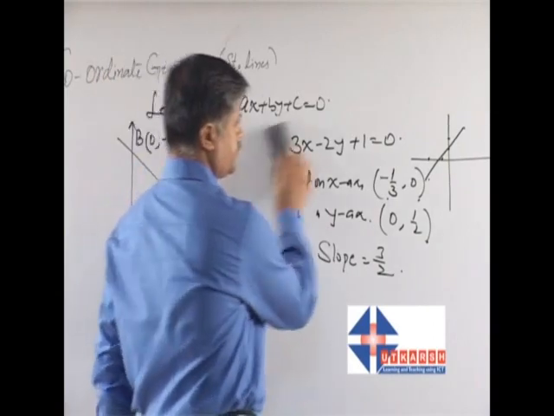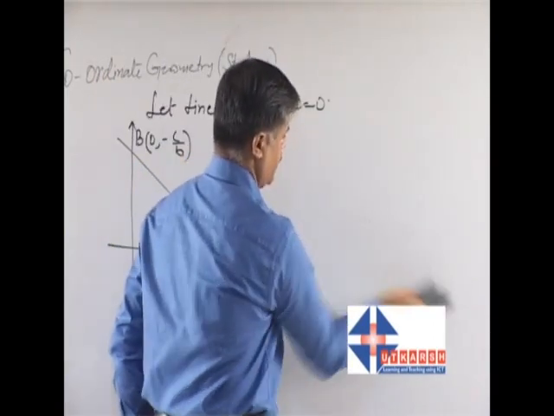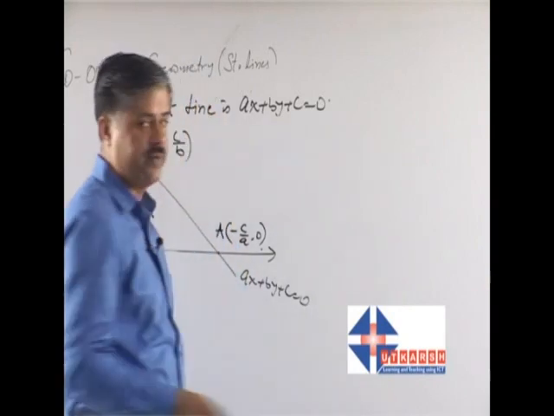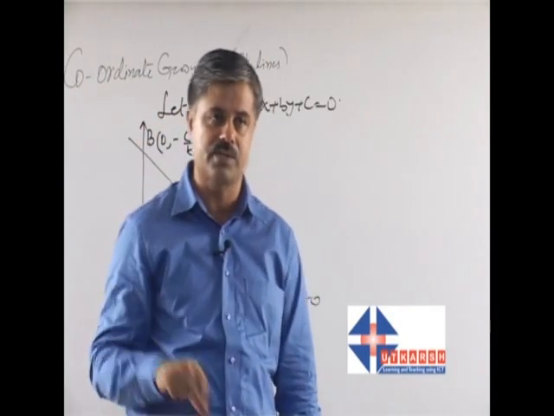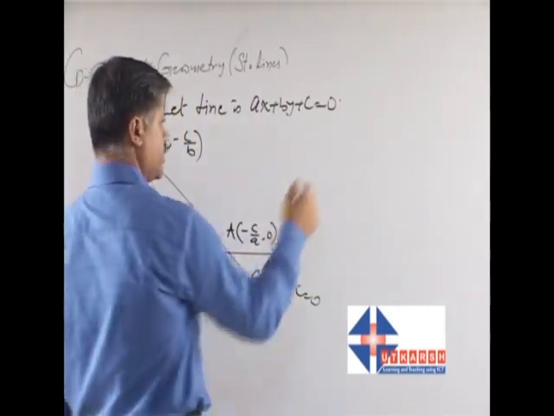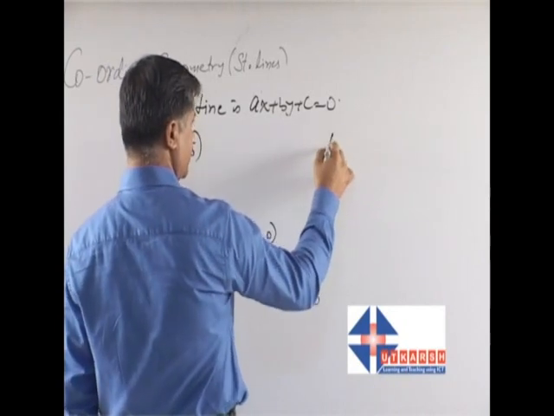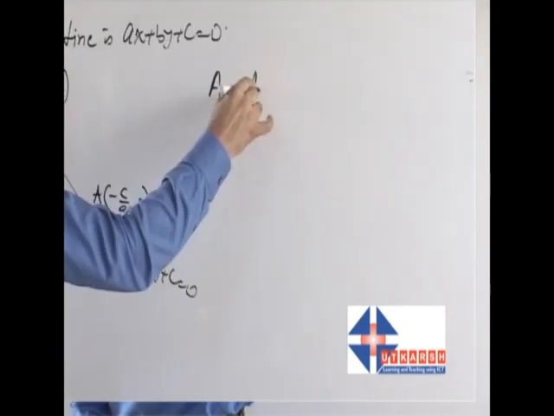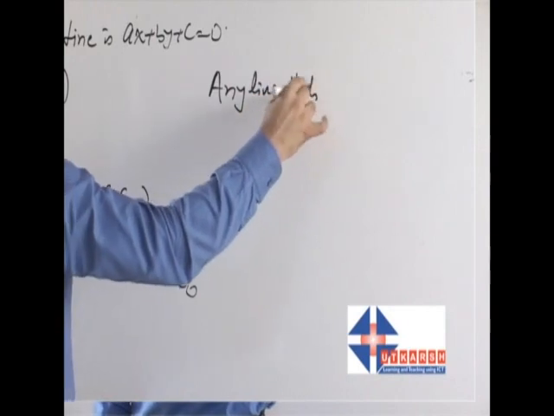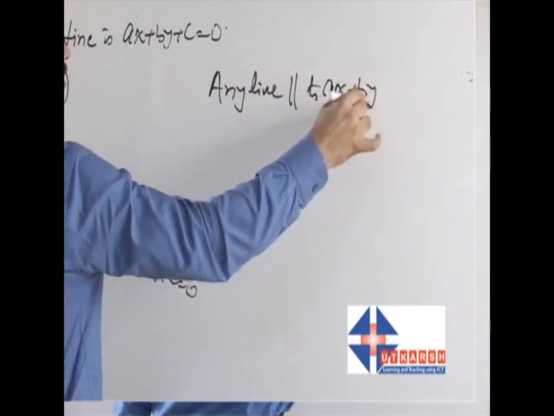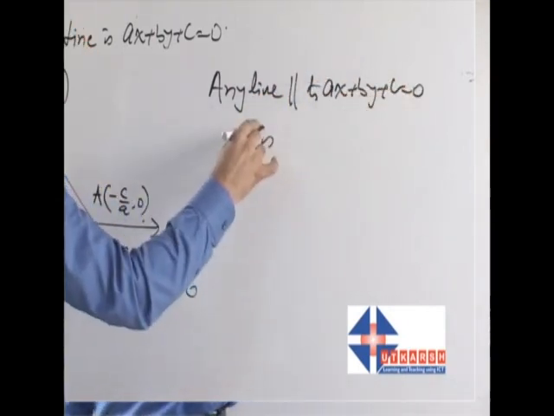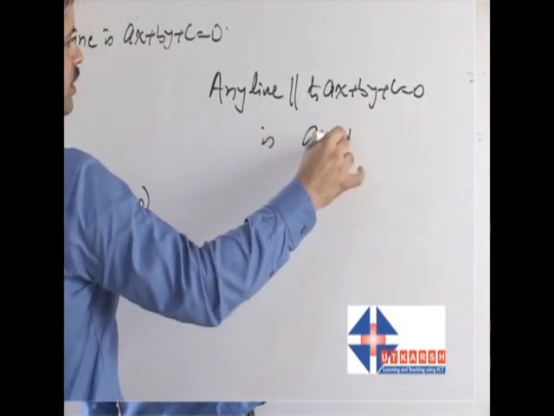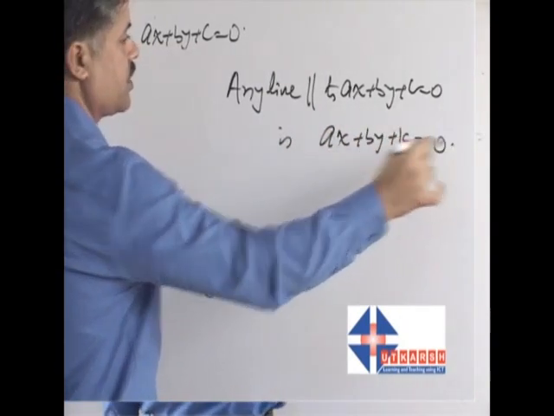Now next, we have previously discussed that parallel lines have the same slope. So you can make a quick result from here that any line parallel to ax plus by plus c is equal to 0 is ax plus by plus k is equal to 0.